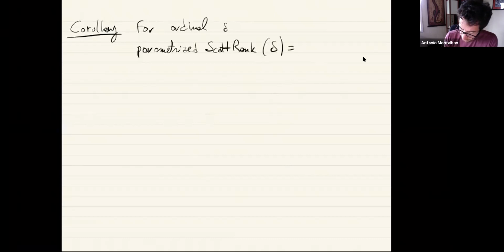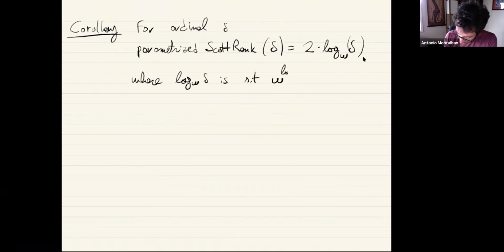Of delta is equal to 2 times the logarithm of delta in base omega, where log omega delta is such that omega to the log omega delta is less than or equal to delta, which is less than omega to the log omega delta plus 1.